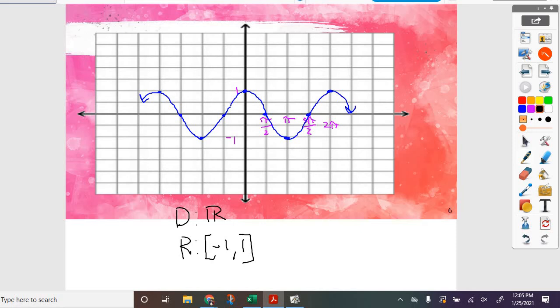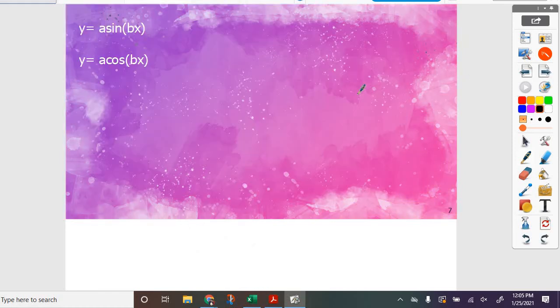No, usually we want to do some transformations with them, yes? So we're going to look at our first two transformations today, and then we'll look at our next two transformations next time. So our first two transformations are going to be this value on the outside and this value on the inside. So let's play around a little bit with what that does.